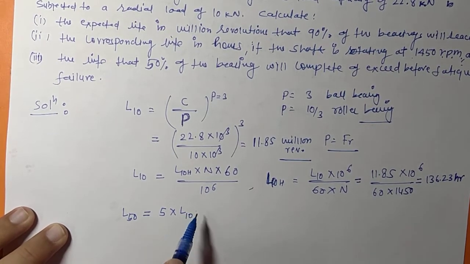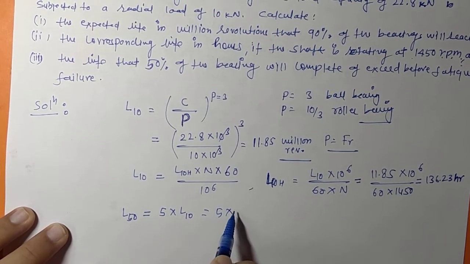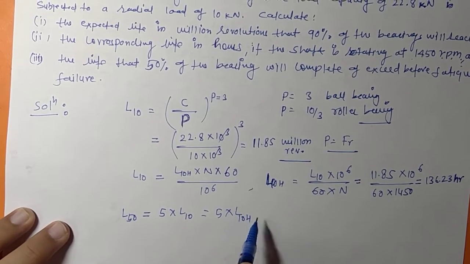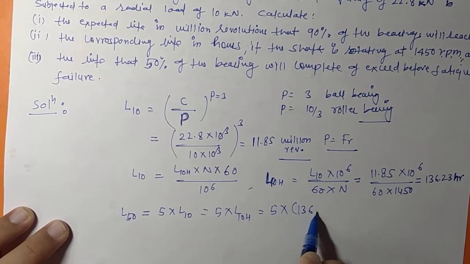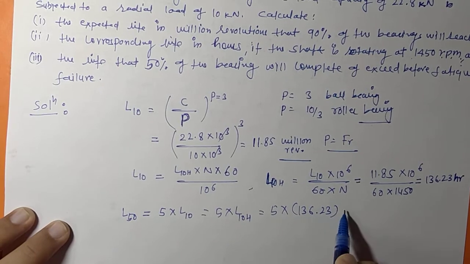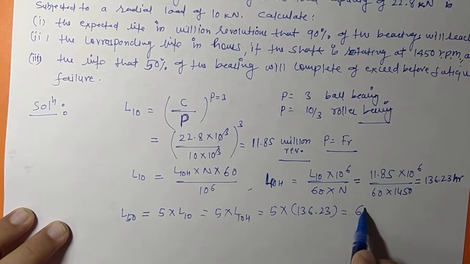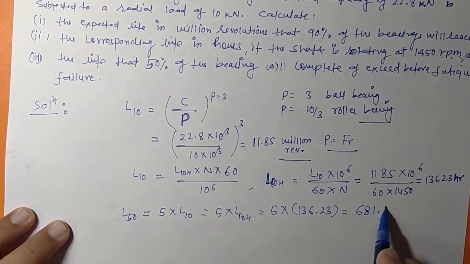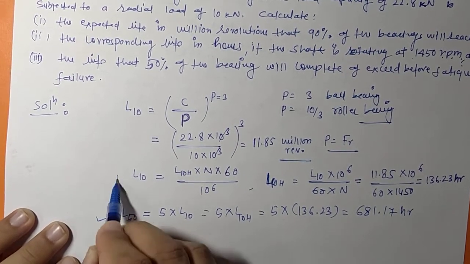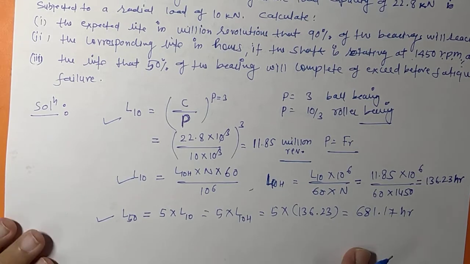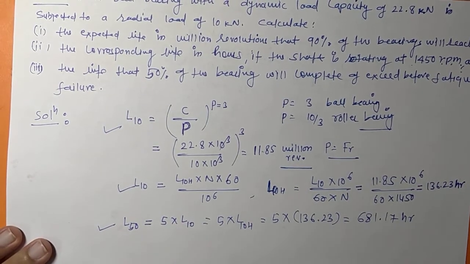So by using this relationship we can find 5 multiplied by L10H, so this is 5 into 136.23. So this becomes 681.17 hours. So this is the answer for the third part. So this is how we can solve this type of problem.